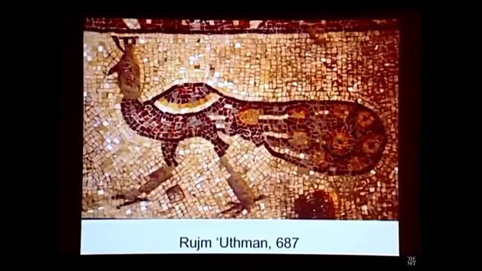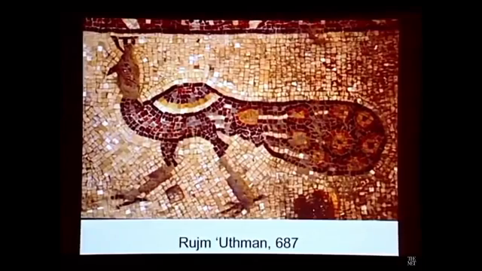And in this case, another case, you have a church at a site in Amman dated by its dedicatory inscription to 687 AD, where the people have removed the cubes of the head of the peacock and the legs, leaving the rest of the body more or less intact, and in this case not putting the cubes back, but simply leaving the damaged image this way.